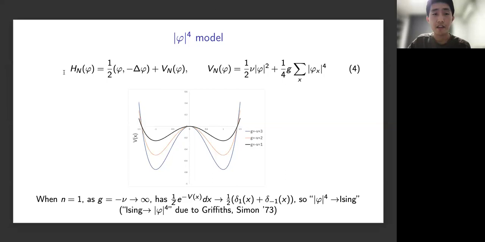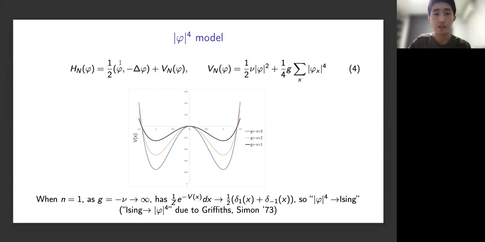You can divide the Hamiltonian into two terms. One is the minus Laplacian term, the inner product of phi with minus Laplacian phi, and the other is the potential function term. If you apply discrete integration by parts, then you can see that phi inner product minus Laplacian phi can be rewritten as gradient phi to the power of 2.